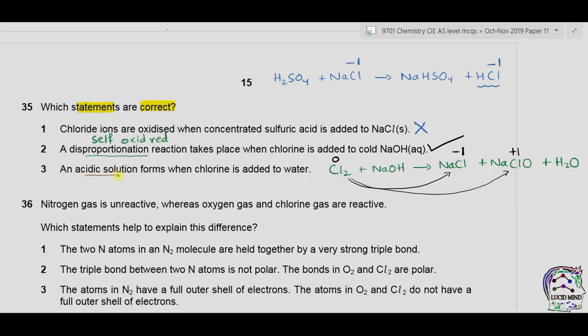An acidic solution forms when chlorine is added to water. When chlorine is added to water, it forms HCl aqueous along with HClO. As HCl is an acid, as options 2 and 3 are correct, the answer is C.